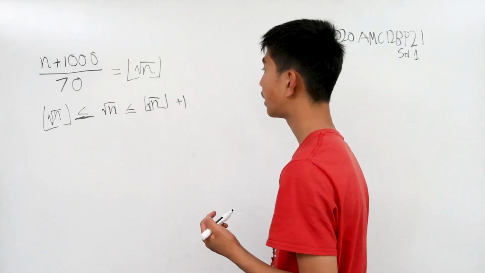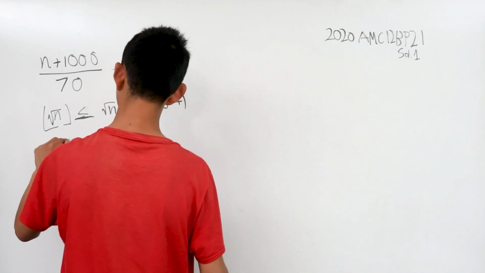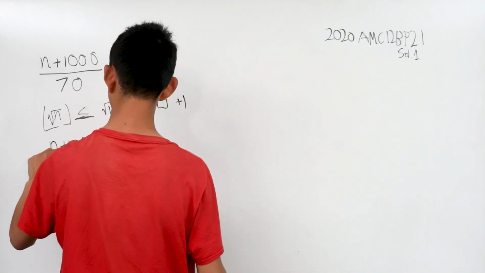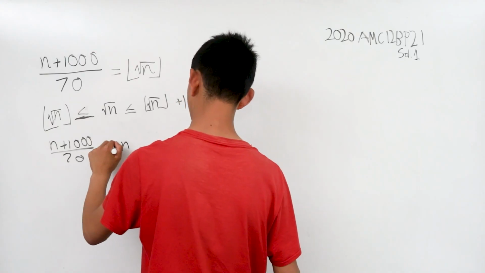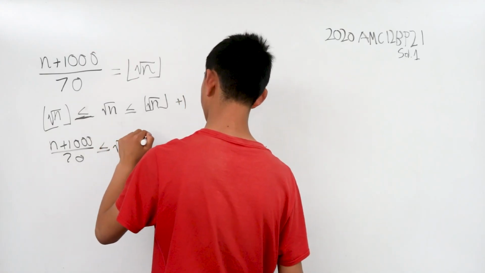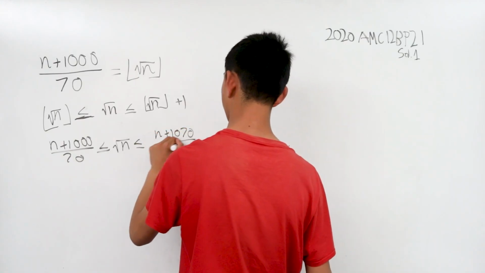So from this logic, (n + 1000)/70 is less than or equal to the square root of n, which is less than (n + 1070)/70.